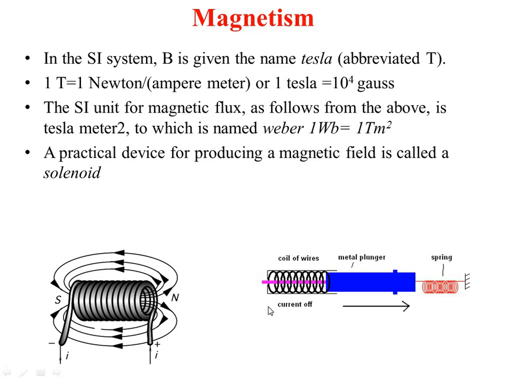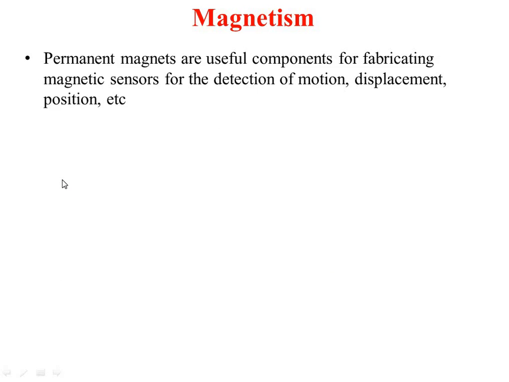As soon as you switch the current off, it is disengaged and, because of the spring action, moves back to its original position. This is called a solenoid. I'm sorry, I'm not able to show it here.